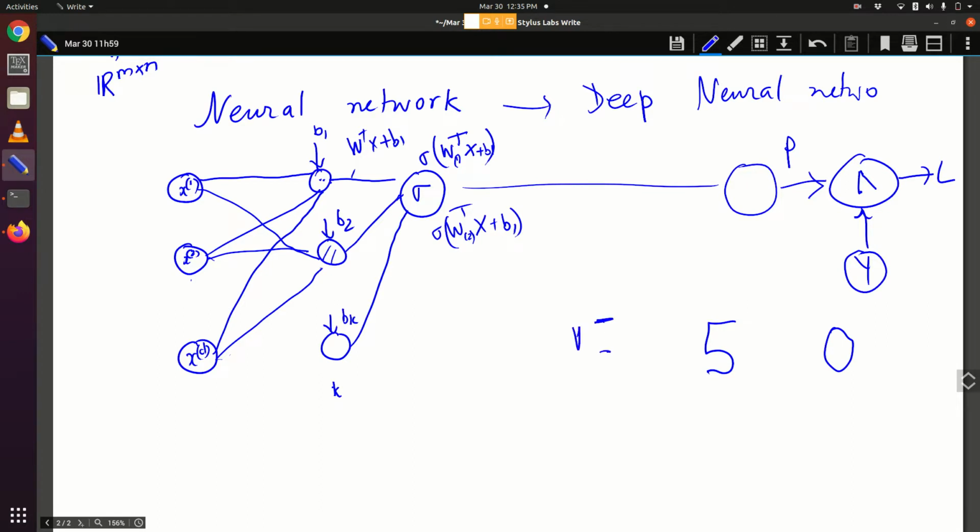So the idea is, when you take some function here, hopefully this will try to learn if there are any horizontal edges, this will try to learn if there are any vertical edges, this will try to learn if there is any closed area.